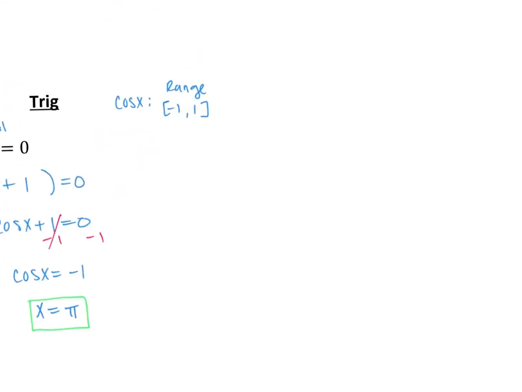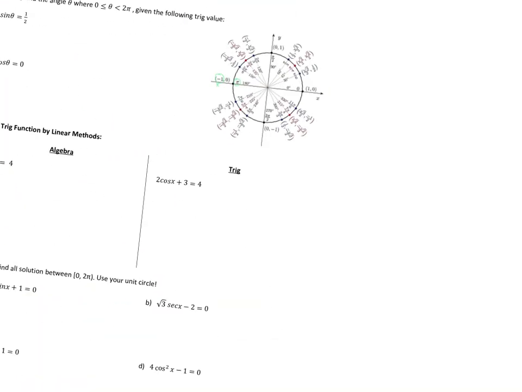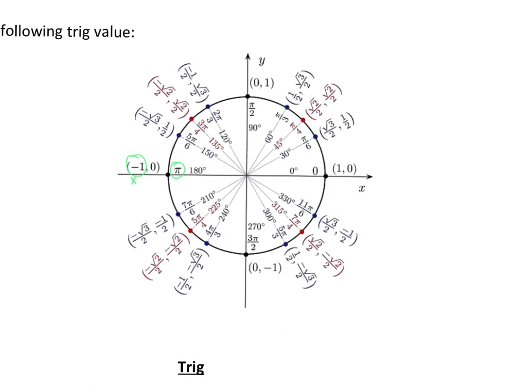So this I can probably find on the unit circle because when sine is 0, that's when y equals 0. So if I go to the unit circle here, let's see, here we go. So again, just as a reminder, sine of theta is equal to the y values. So we're looking for where sine is 0.